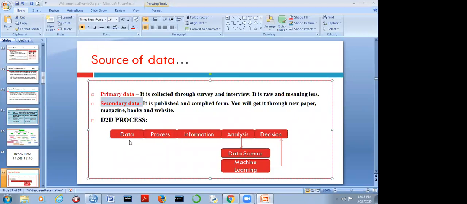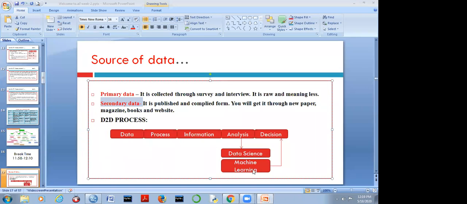You cross the phases of data collection, arrangement, and process. Without a statistical tool, the process is impossible. Then information, then analysis. If you want more depth, you enter into data science. If you want the machine to analyze and take the decision, then you go for machine learning.